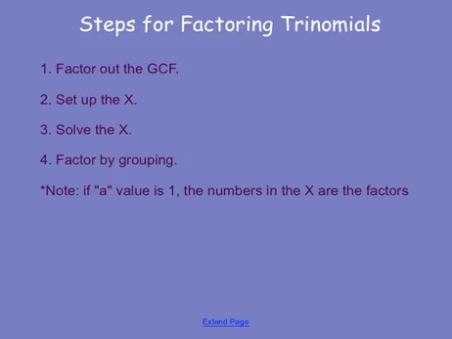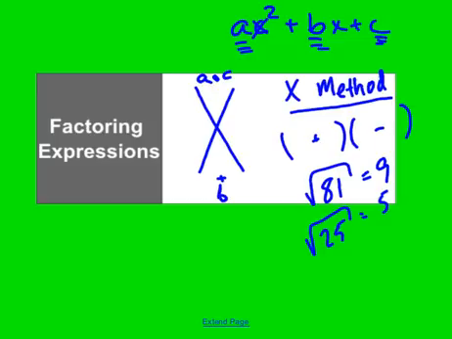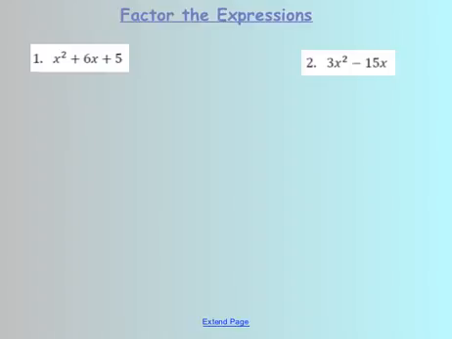So steps for factoring trinomials: factoring out the GCF, setting up the X, solve the X, factor by grouping. Note, if a value is 1, the numbers in the X are the factors. All right, so that's the shortcut, and I can show you that myself in a second. So this is kind of the steps for factoring trinomials. That's the X method, all right? Then there's some guess and check and things like that.